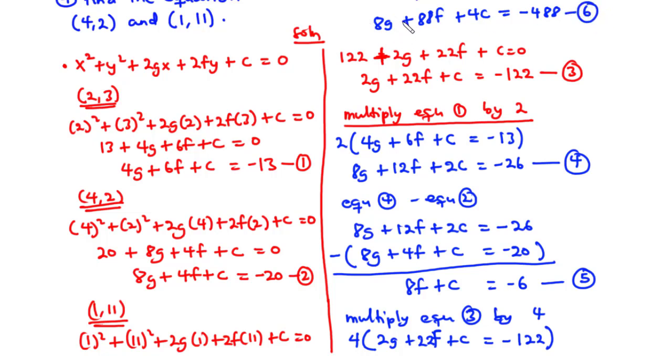So we are going to solve equation 6 and then equation 2 simultaneously. So we say that equation 6 minus equation 2. For equation 6, we had 8J plus 88F plus 4C equals negative 488.